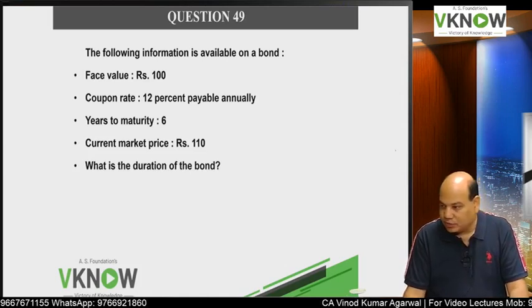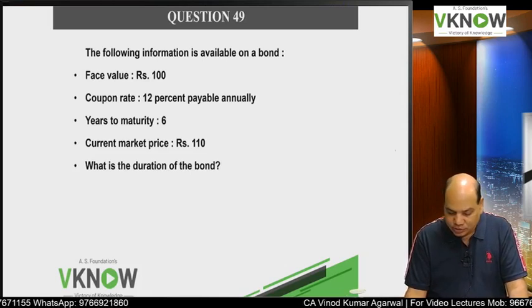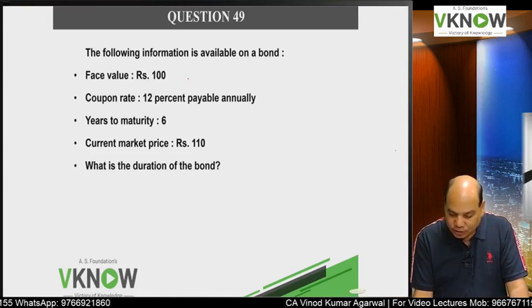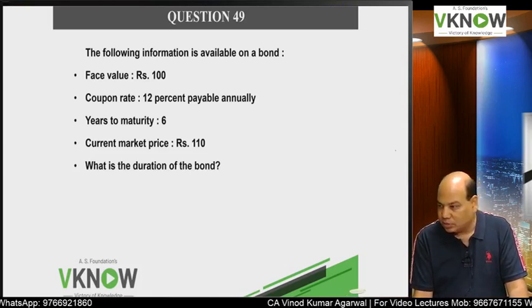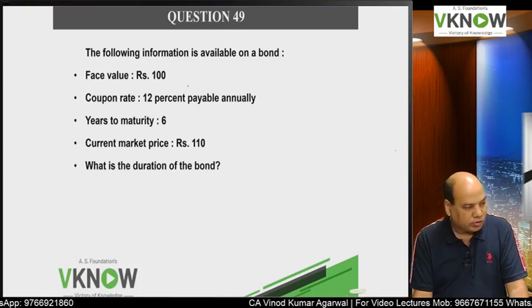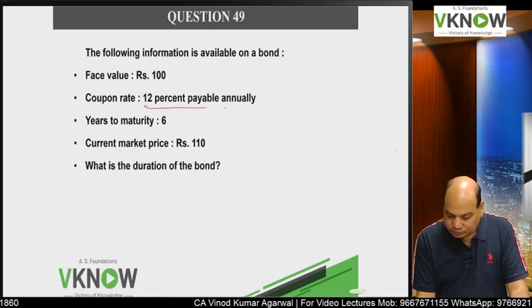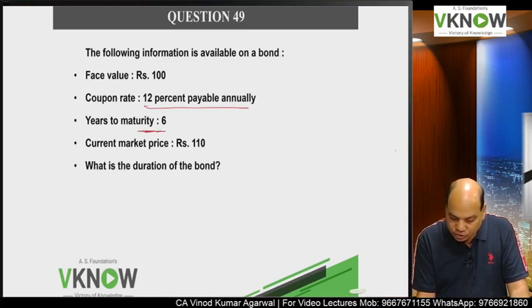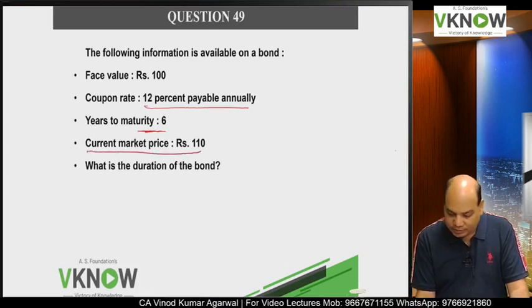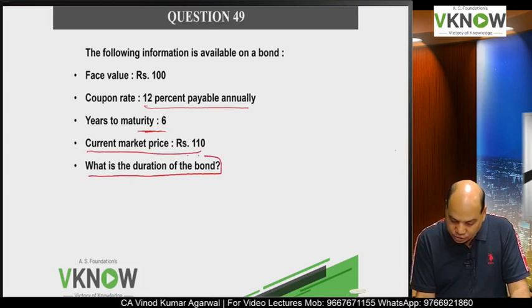The source is a reference book, a financial management book. The following information is available on a bond. Face value is rupees 100. Coupon rate is 12%, payable annually. Years to maturity 6 years. Current market price is 110. What is the duration of the bond?